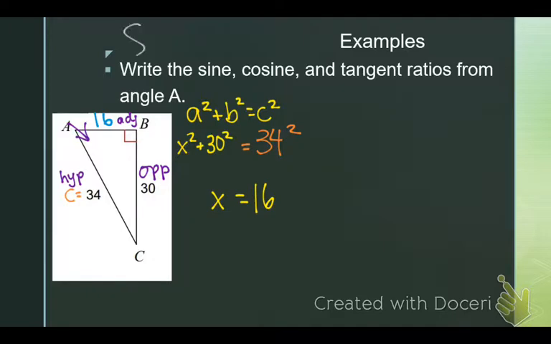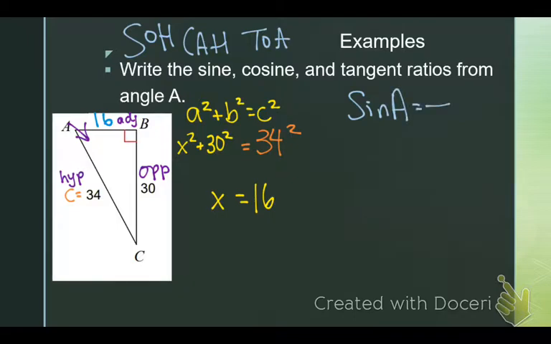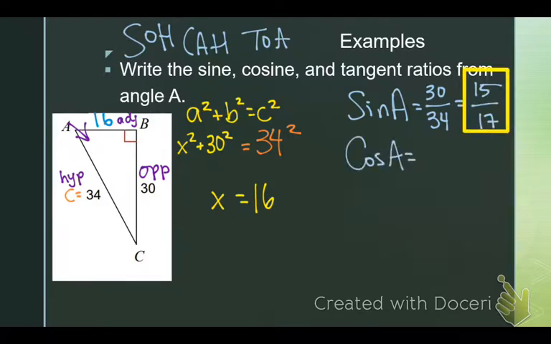So remember, we're doing SOHCAHTOA. So we'll start with sine. Sine from what angle? A equals the opposite, which is 30 over the hypotenuse, which reduces to 15 over 17. Cosine, so CAH with an A. So the adjacent is 16, the hypotenuse is 34.